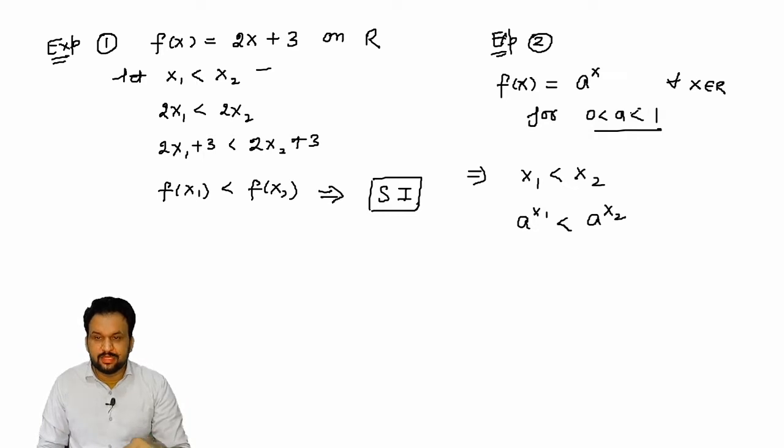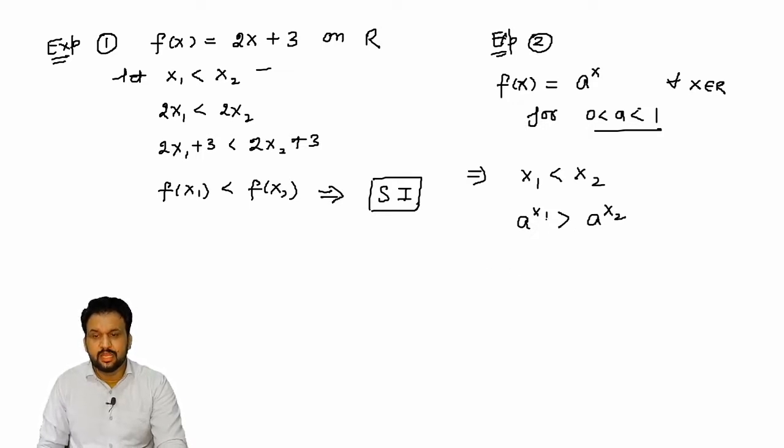So if a is less than 1, it will not be a less-than sign, it will always be a greater-than sign. If x1 is less than x2, then a raised to power x1 is greater than a raised to power x2.